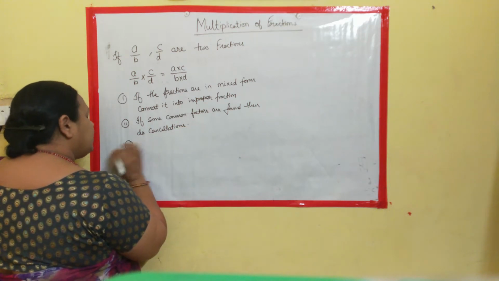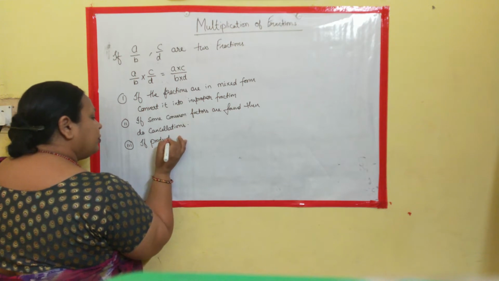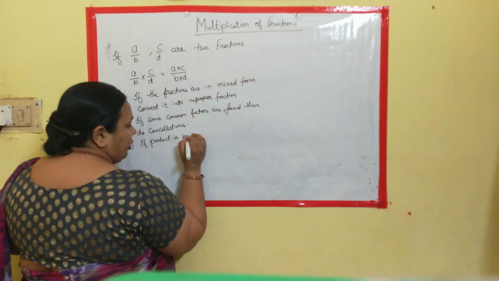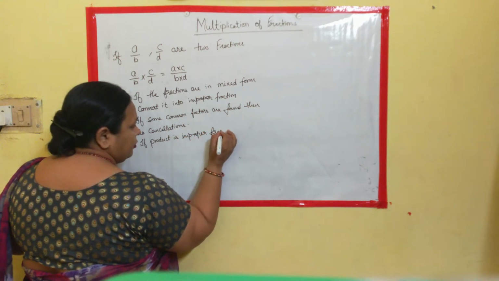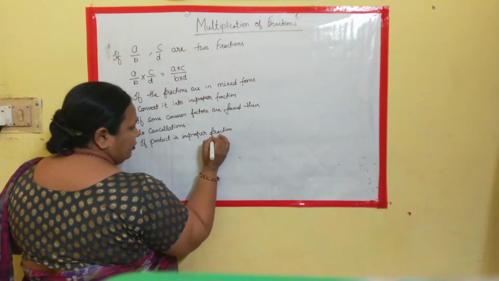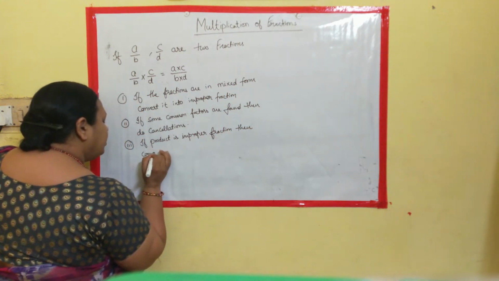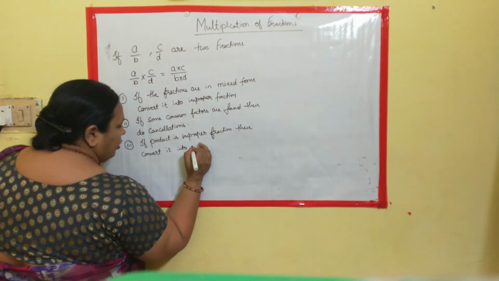The third one says, if the product is an improper fraction, then convert it into mixed fraction.